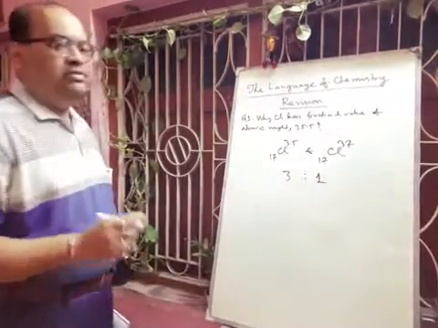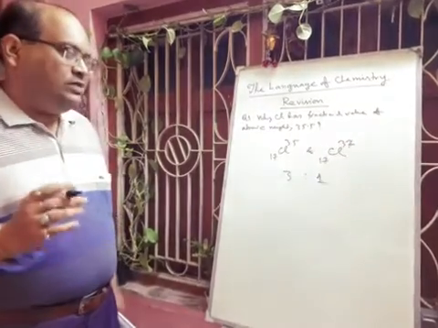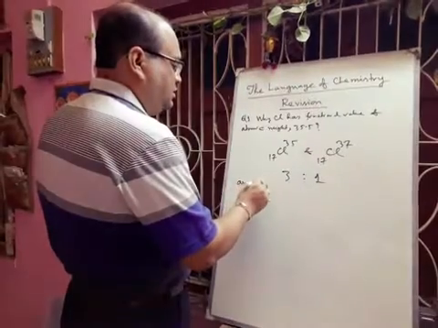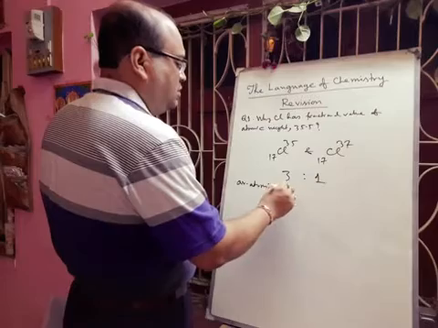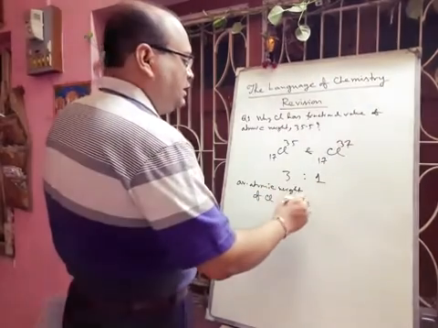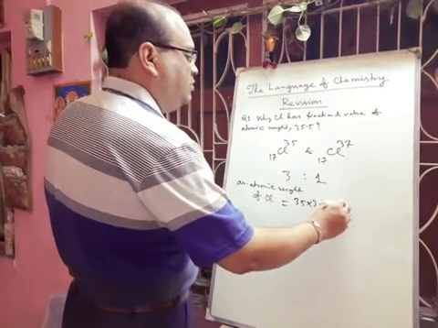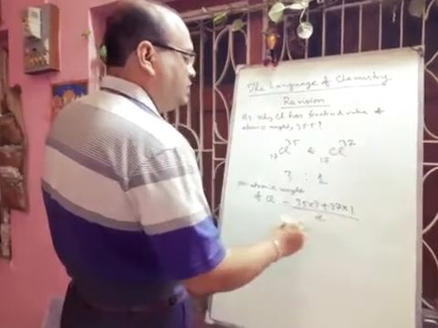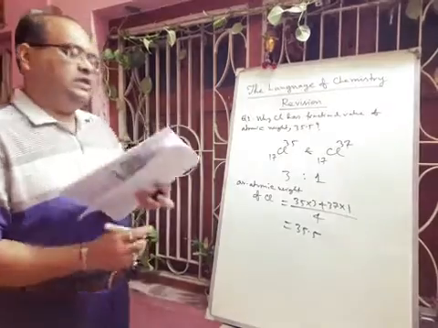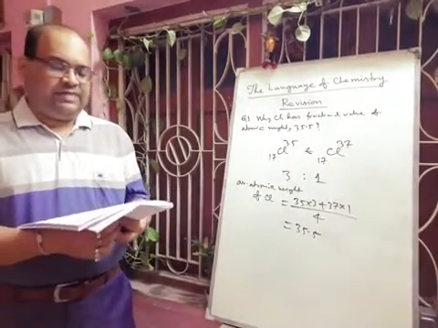So the average atomic weight of chlorine will be 35 into 3 plus 37 into 1 divided by 4. If you do it, you will get 35.5. So that is why the atomic weight of chlorine is fractional.